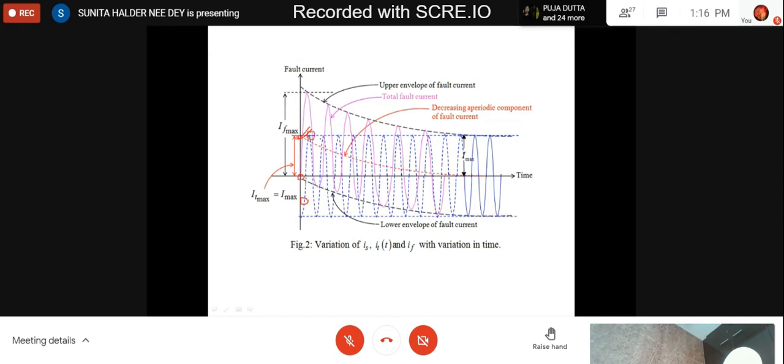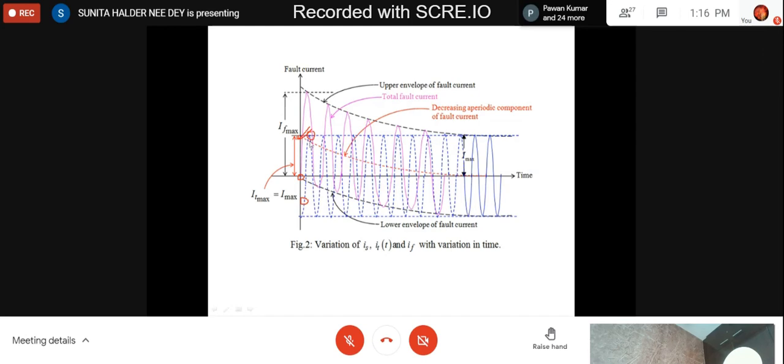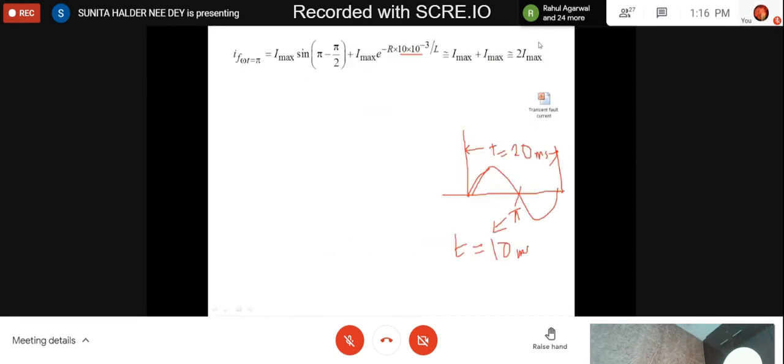At this moment, as I have circled, the steady state component of current and the transient component of current, you can see the red dotted line here, are very near to each other. So the summation of them will be near to double of the steady state component. That's why I have written here, this is approximately equal to twice Imax.